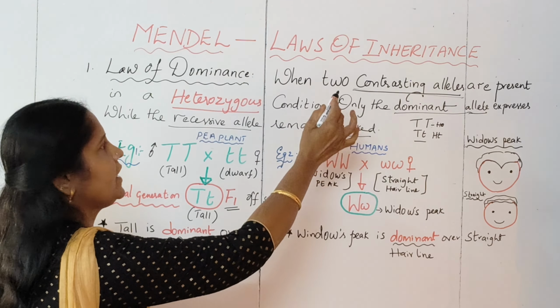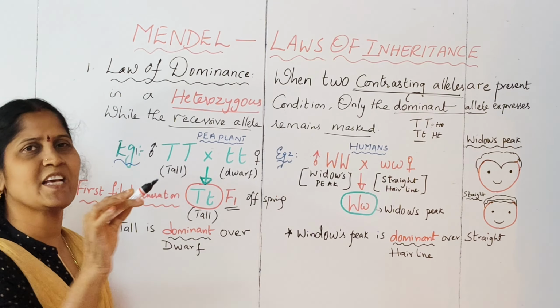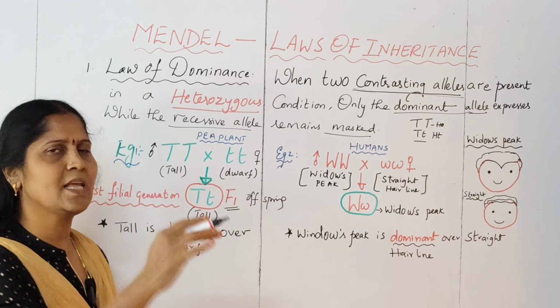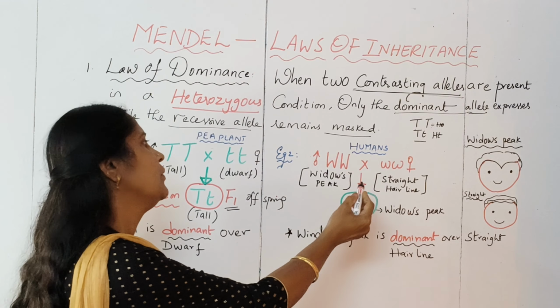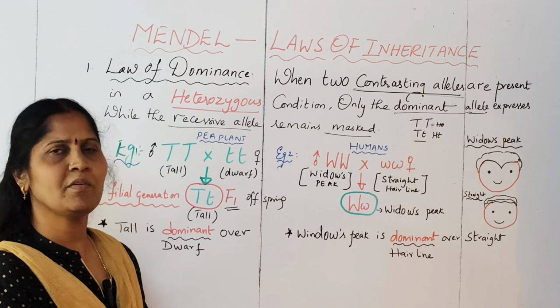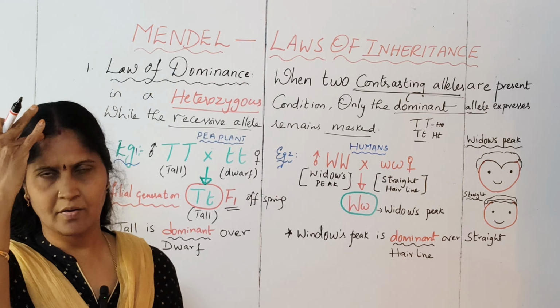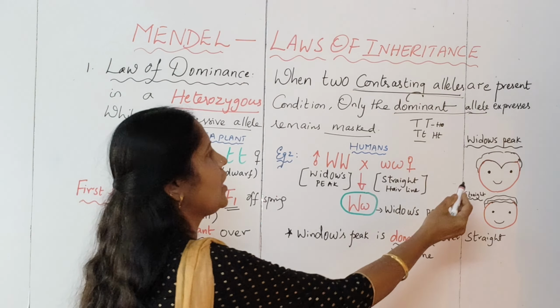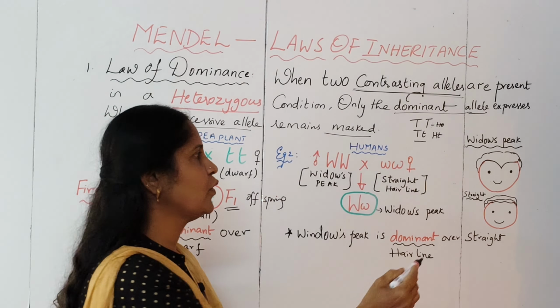So this is what the law states. The law is stating that when contrasting alleles are present together, the dominant allele will express itself while the recessive allele will be masked. One more example, which is in humans. Actually, we have two different types of hairlines in the front of the forehead. One is called widow's peak, wherein a V-like projection comes on the forehead like this.